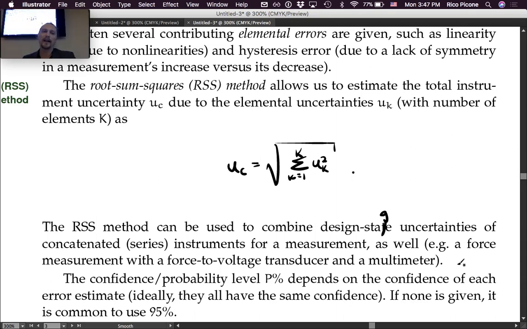And so we can't necessarily use this method directly. We're going to have to learn how uncertainty propagates when you start using formulas of different measurements, and we'll have a whole discussion of that specifically. But when you are just going from one device to the next device, measuring the output of that, you can just use this RSS method.